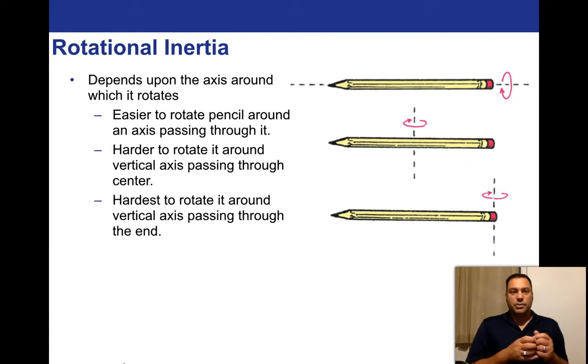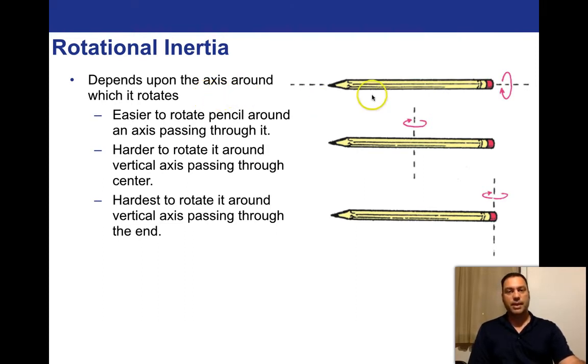Another way that you can think of rotational inertia is to look at the different axes of a pen. So here I have a pen. It's actually a stylus for writing on computer screens, but anyway, you get the point. Here we have three ways that we can look at, say, a pen or a pencil. Hopefully you have a pen or a pencil in hand and you can experience this.